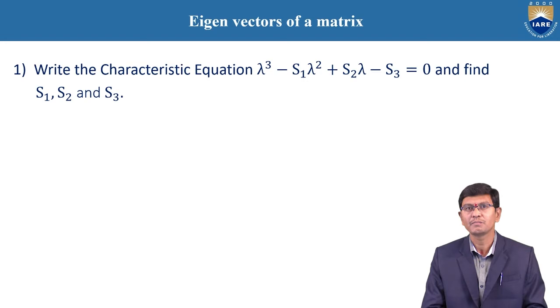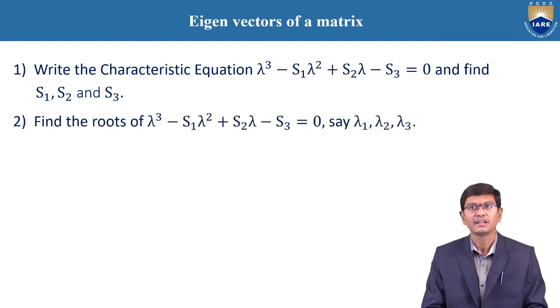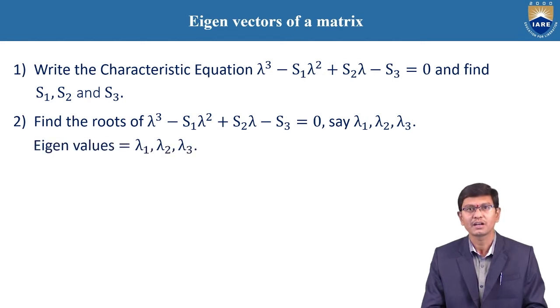This is a third order equation, and we need to get its three roots. Let us consider these roots to be lambda 1, lambda 2, lambda 3. These are called the eigenvalues.